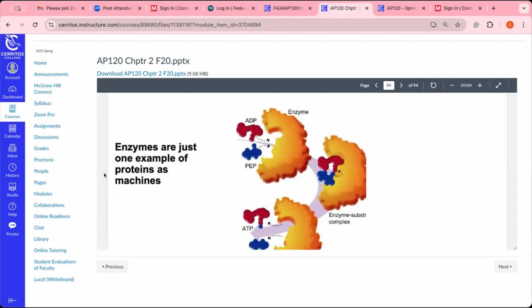So here's ATP and ADP. This is your energy molecule in your body. They are made in the mitochondria of your cells, which you may or may not remember from biology class. But this is just more examples of protein machines.